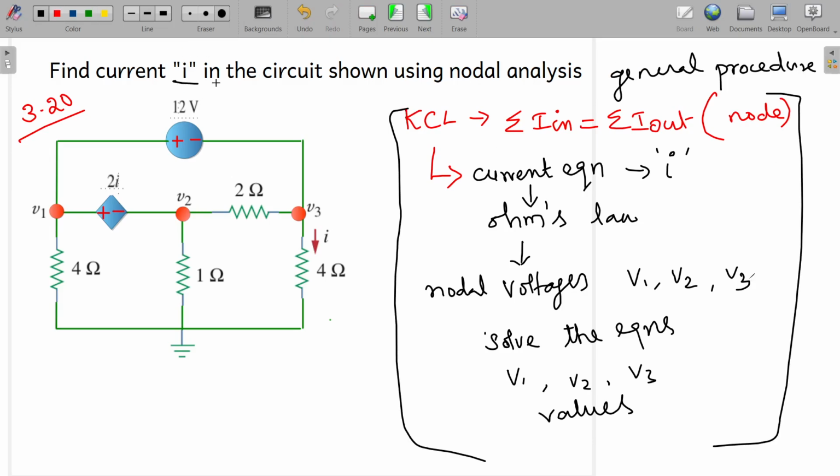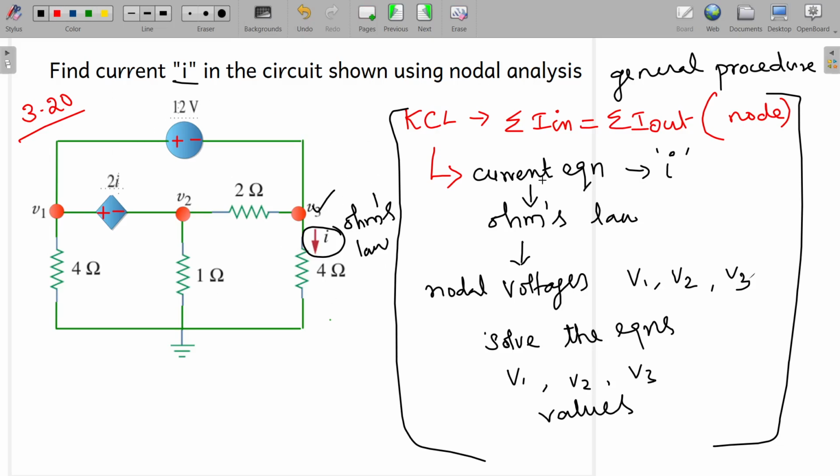Here we are asked to find this current I. After getting the solution for the nodal voltages, you have to see that V3 is related with I. So here again you need to apply Ohm's law, and that way you will get the current I. So one more step is involved here, but that is not the case with this problem.